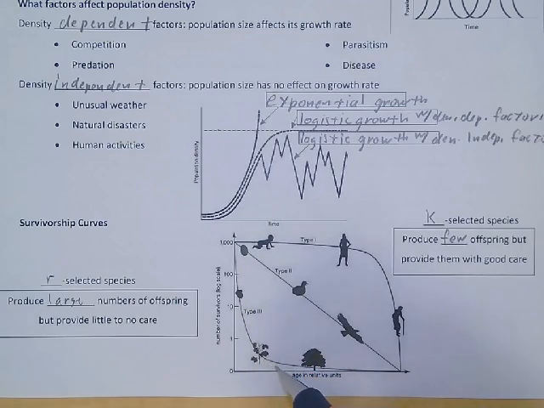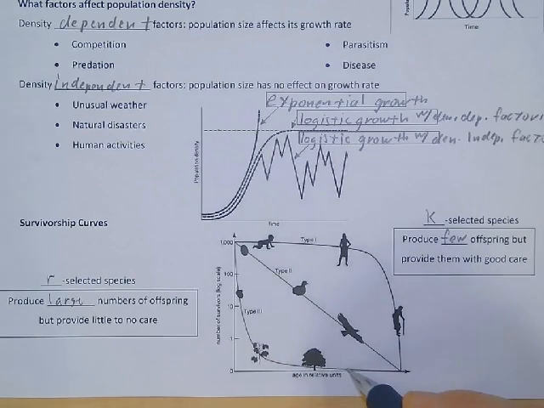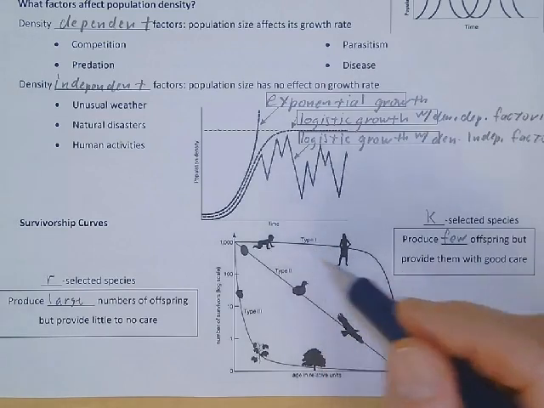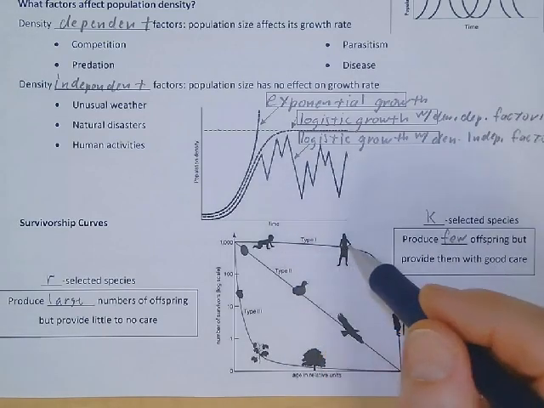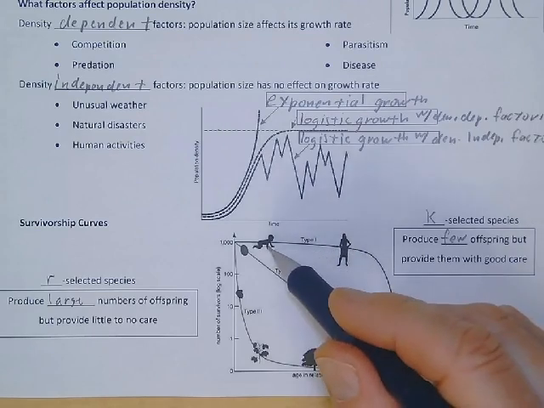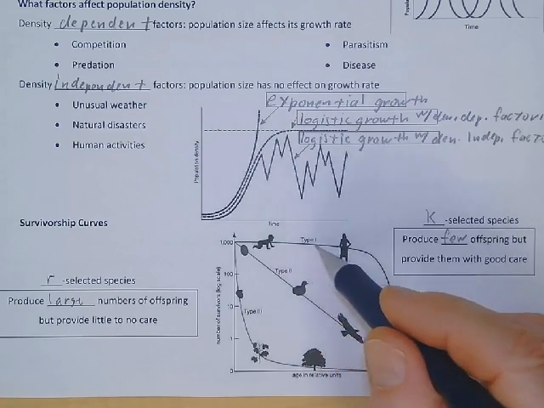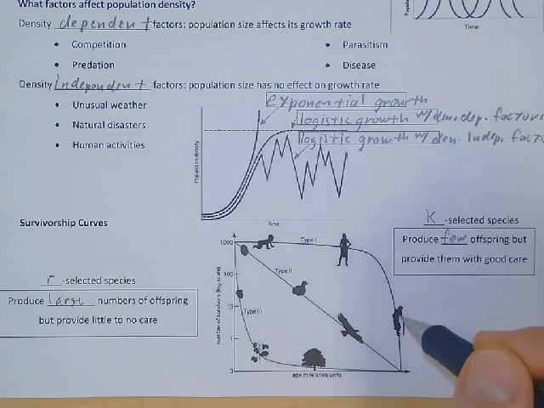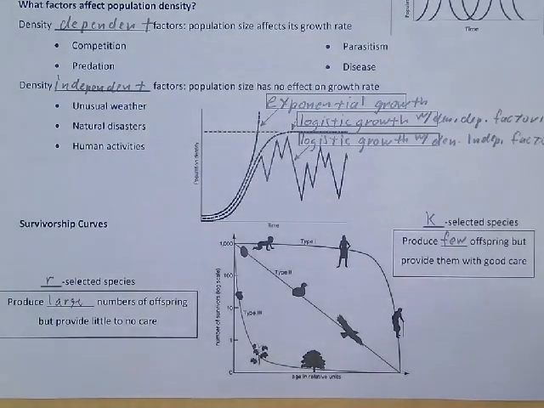They don't make it very far through their young ages, and you get just a few of them as adults. On the other one, the ones that are very K-selected, moms and dads will only have a few children, but they tend to survive to adulthood and even into old age.